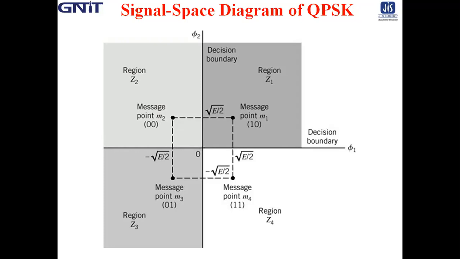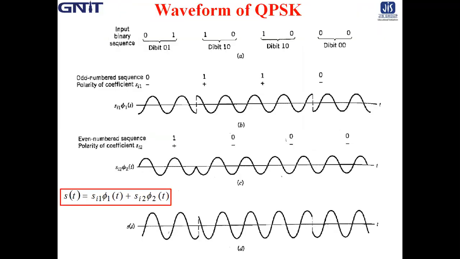After that, we discussed the time domain waveform, how it can be generated from input binary data, say 0, 1, 1, 0, 1, 0, 0, 1. First, we generate the odd number sequence, that is si1 phi 1 of t. After that, we generate si2 phi 2 of t, that is the even number sequence.